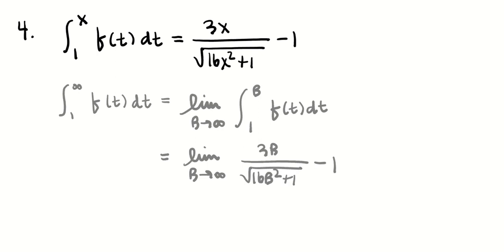We know how to compute that limit. Okay, these are essentially the same on top and bottom because square root of 16b squared is basically 4 times the absolute value of b. So this is going to have a ratio of 3/4 as b approaches positive infinity. So it would be 3/4 minus 1.